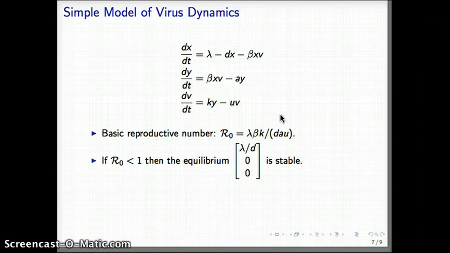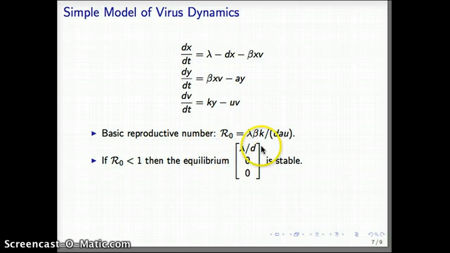Well, it turns out that when R0 is less than 1, then this equilibrium point is stable. This is what we were calling disease-free or free of infection, because here there are three entries.